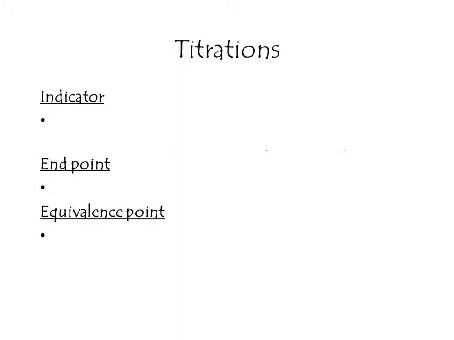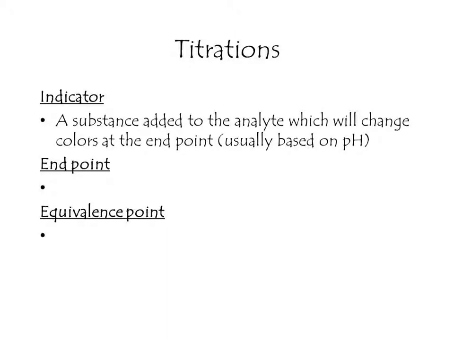Now, an indicator is what is inside your acid, or that you've added to your acid, and that is something that will tell you when you've reached your endpoint. And if you use phenolphthalein as the indicator, it should turn pink, because you've reached neutral.